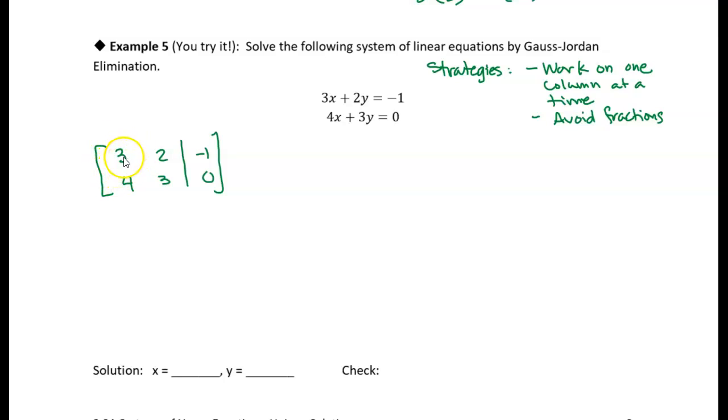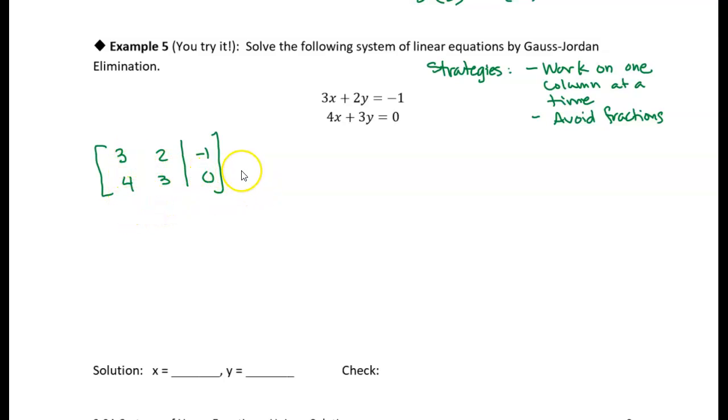Now you might think, well, just divide by 3. That'll give me a 1. I can do that. I can multiply this first row by 1/3. That'll automatically give me a 1. But then I end up with 2/3 and -1/3, and I don't want to deal with fractions. So that's why I always try to look for an alternative way to get a 1.